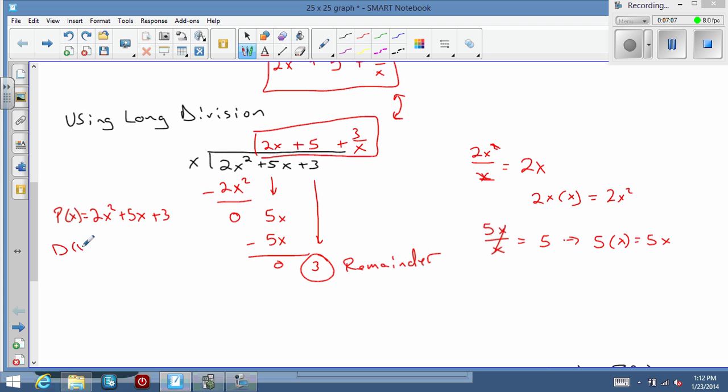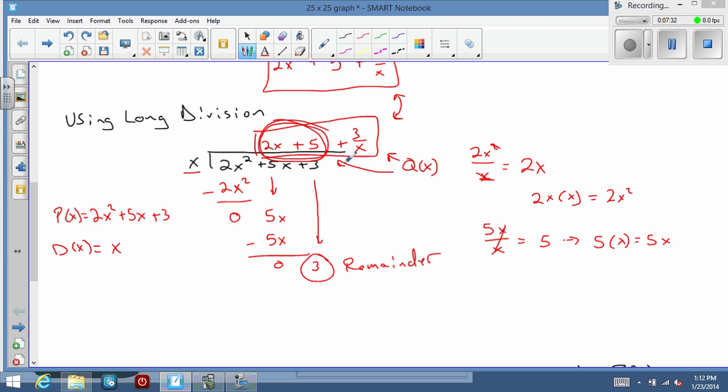My d of x is the divisor. It's the x, what you're dividing by. So that's x. The q of x is what I get up here. I should clarify that. It's the 2x plus 5 that is the q of x.